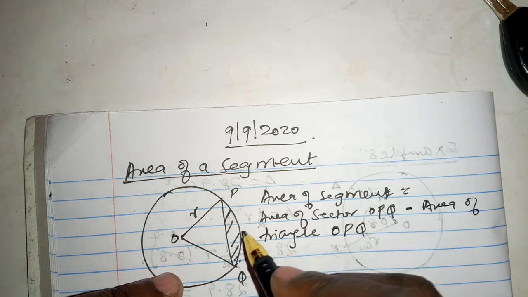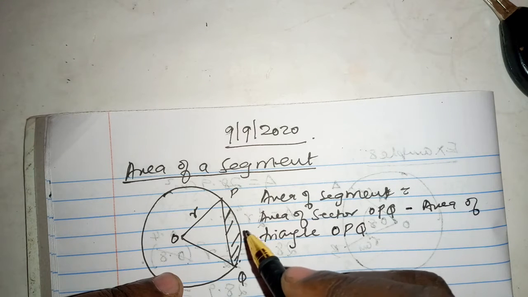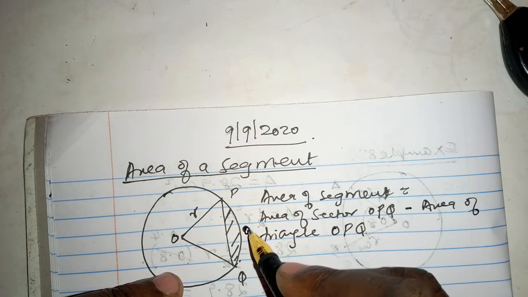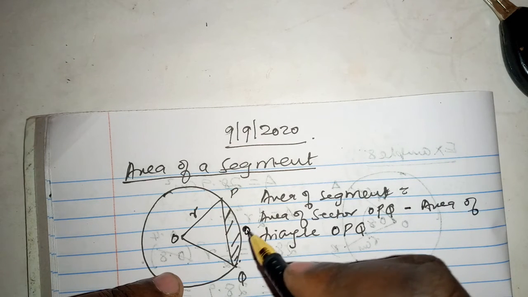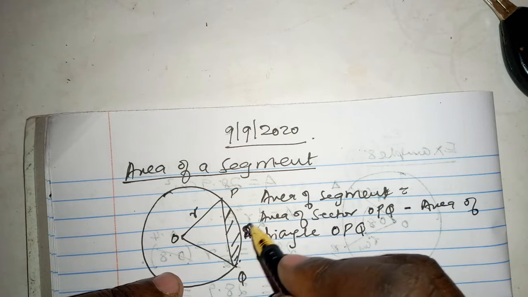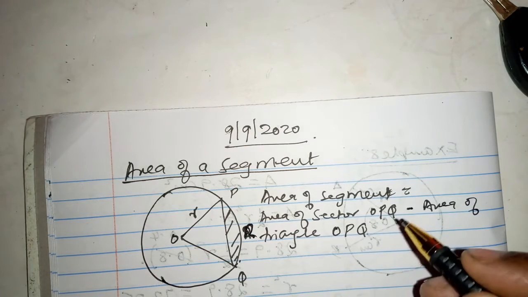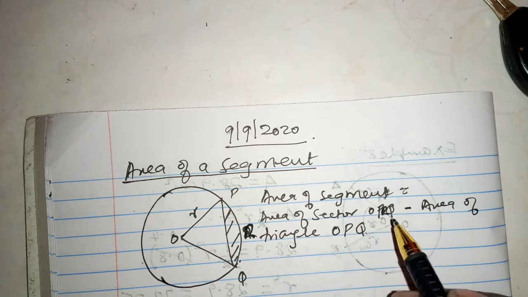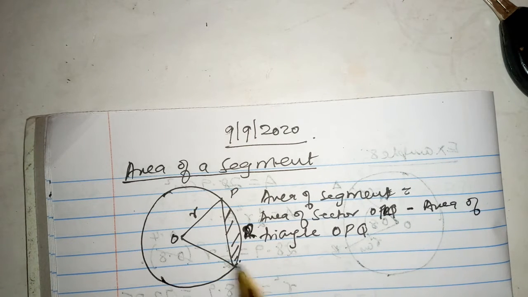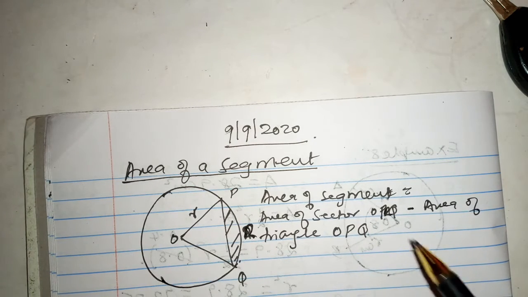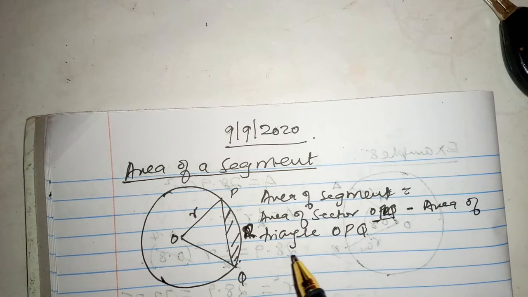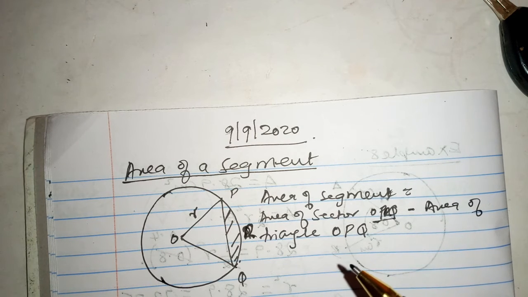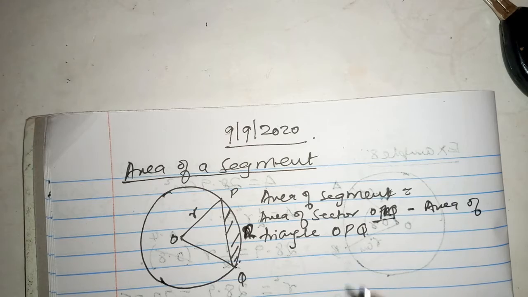We could also have another point R there, OPRQ, so that the sector itself is visible. OPRQ could be the sector, and the area of the triangle OPQ, so that we don't name the triangle the same way we named the sector.